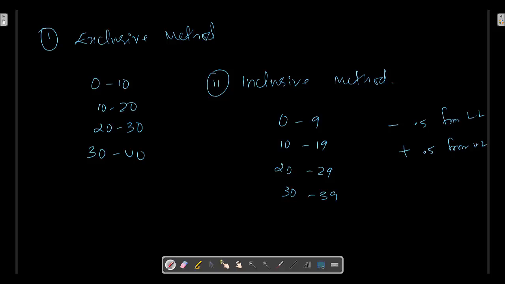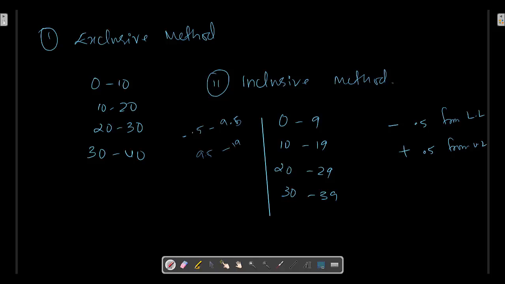All right, so if we take this portion and remake it into exclusive, it will be somewhat like this. If you subtract 0.5 from 0, it will be minus 0.5, and 9 plus 0.5 is 9.5.